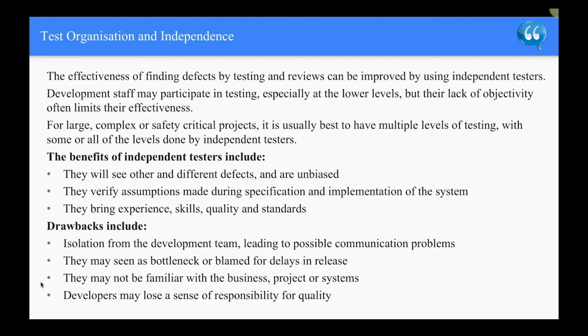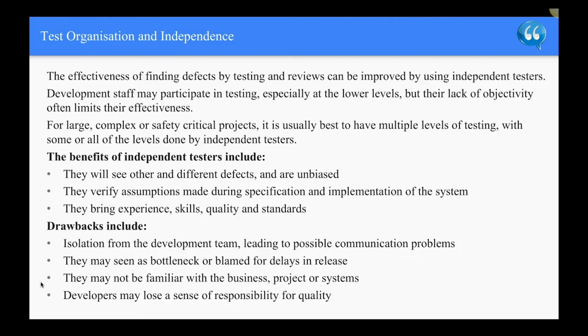For large, complex or safety critical projects, it is usually best to have multiple levels of testing, with some or all of the levels done by independent testers. Testing tasks may be done by people in a specific testing role, or by someone in another role, such as a project manager, quality manager, or business and domain expert.